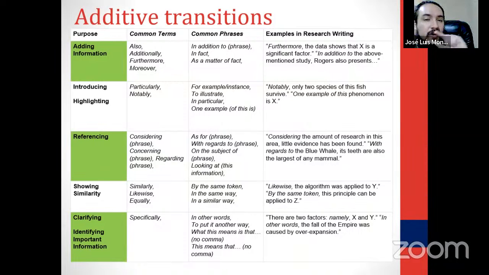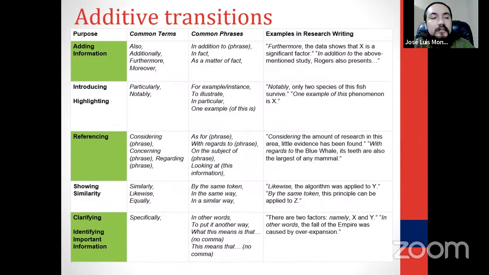In addition to, if you have a phrase there, you can say simply, in addition to this, in addition to that, or you can add something that is kind of incomplete: in addition to what I said, in addition to the above mentioned information, in addition to the previous details, etc. So you are given a phrase to complement that. But again, the idea is everything that I mentioned before.